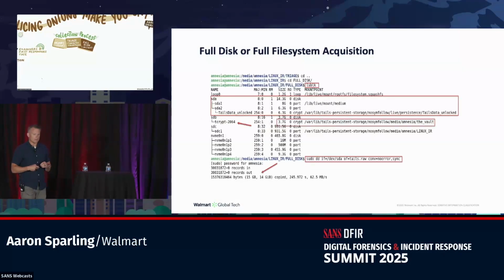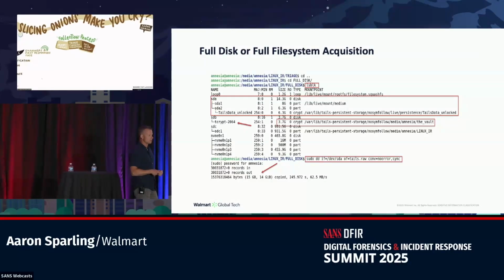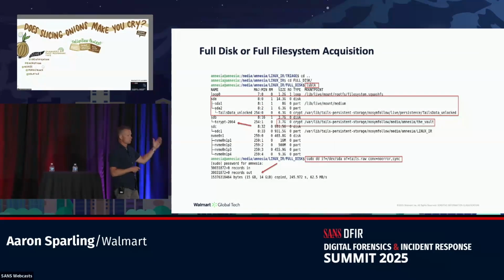This is just an example of running through the classic DD command, listing the block devices, identifying which one is the Tails. Also, when I did this research, you'll see here that the SDB partition is a TrueCrypt volume. So I was able to identify a TrueCrypt volume and export that volume out as well. That's pretty important.